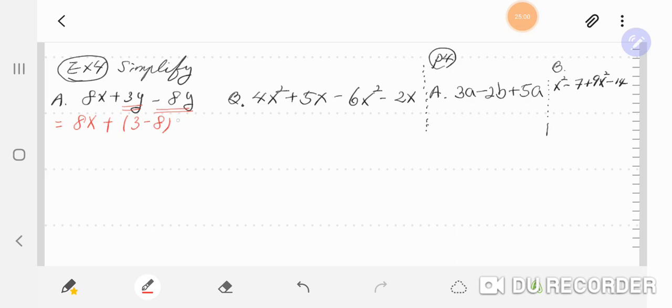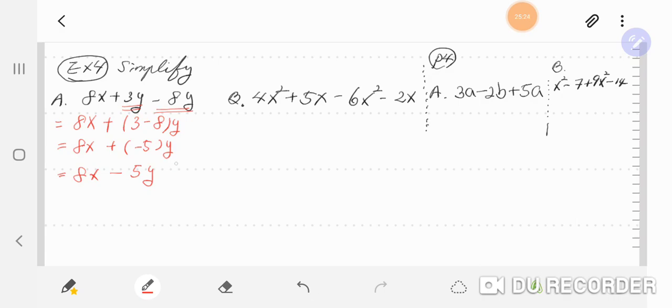So 3 minus 8 y. Then 8x plus negative 5y. Once we have a plus and a negative number, then we just make it minus 5y.